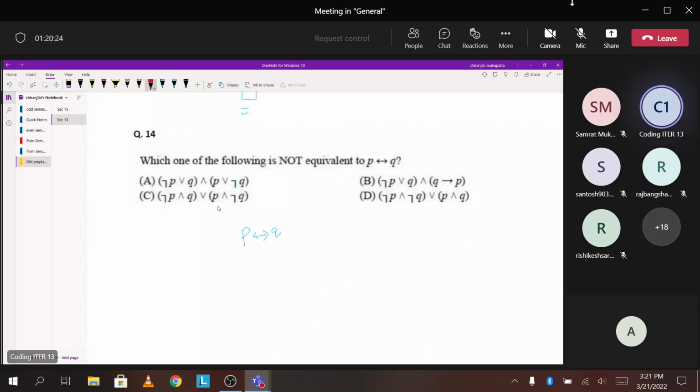P double implies Q is equivalent to P then Q and Q then P. तो डबल इम्प्लाइज का मीनिंग वही होता है कि if P happens then Q happens and Q happens then P happens. This is the double implies. ठीक है? Okay.